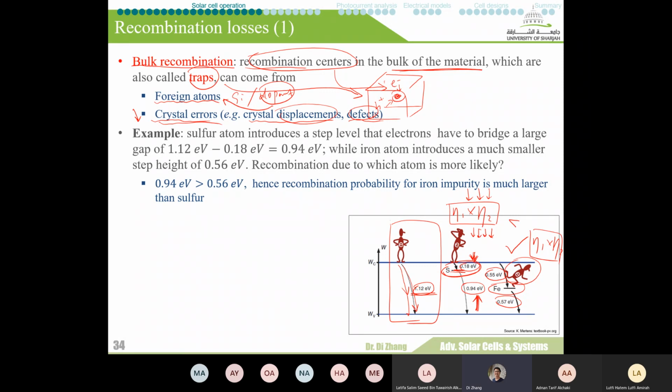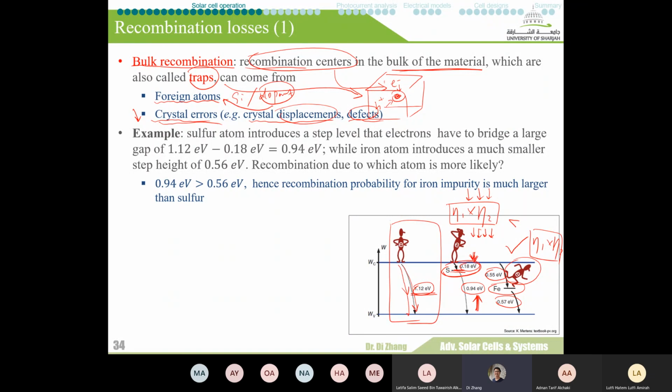So this is the phenomenon that we can expect for bulk recombination. Remember that if you want to consider the bulk recombination probability or rate, you also have to see what kind of impurities, what kind of defects we are talking about. And you have to consider the probability in relation to the silicon band gap model.